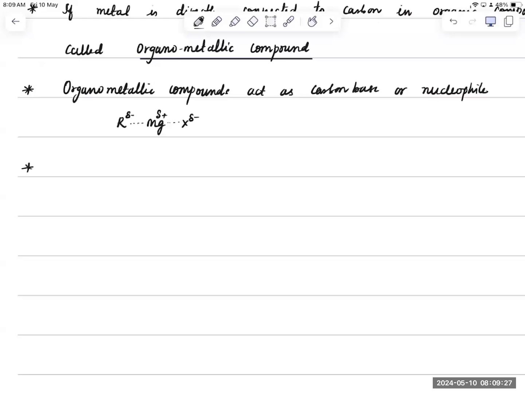Now, the reactivity of various organometallic compounds.